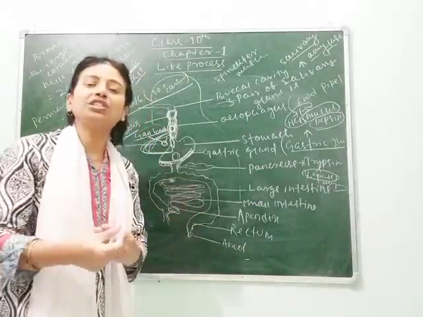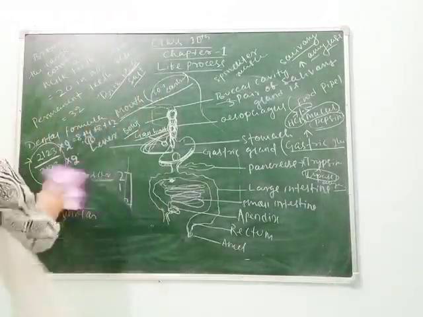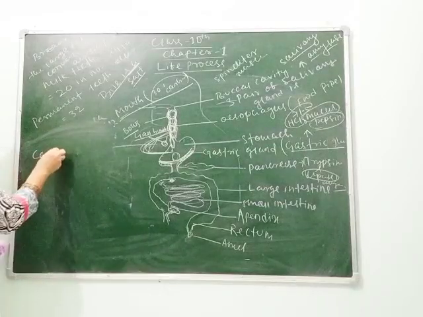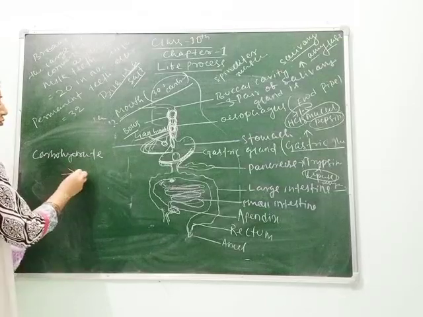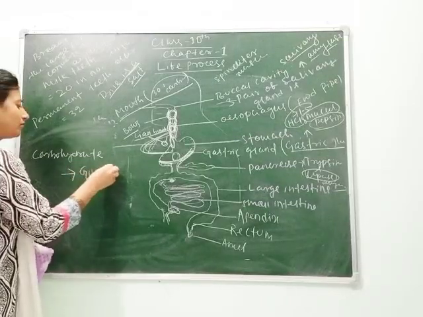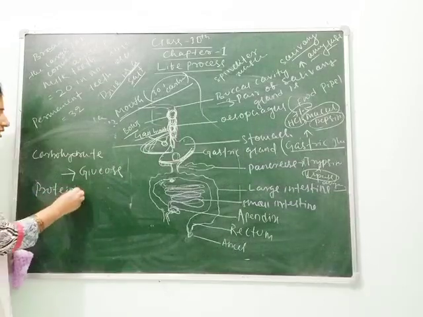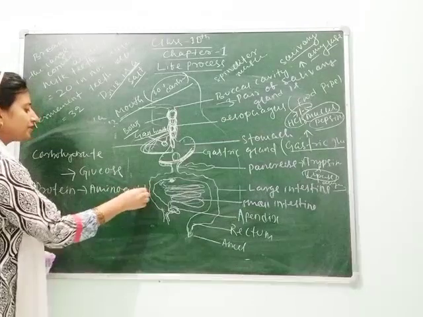So how are these foods converted into simpler forms? Students, you can see here that carbohydrate is converted into glucose, then protein is converted into amino acids. This is the simpler form.